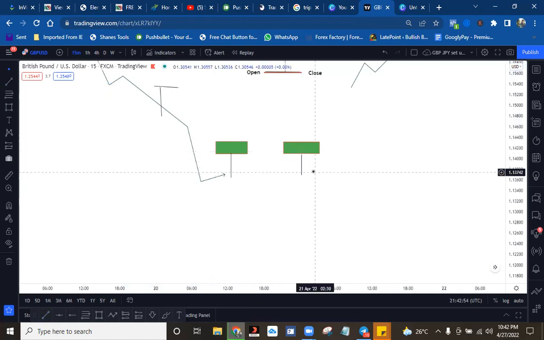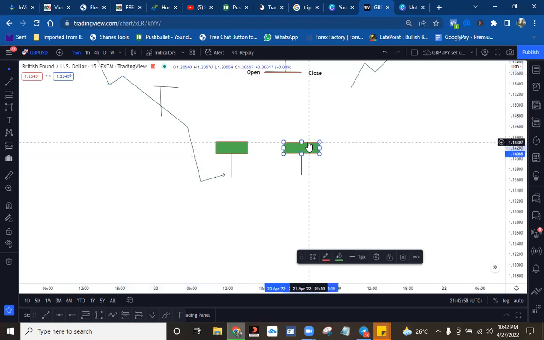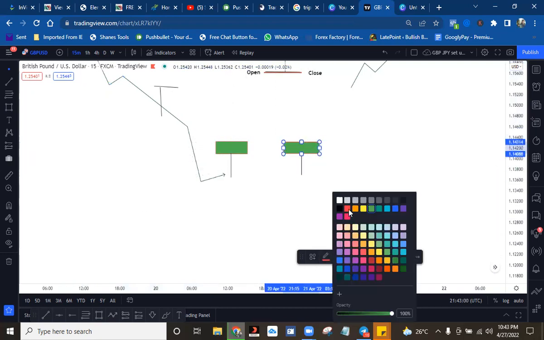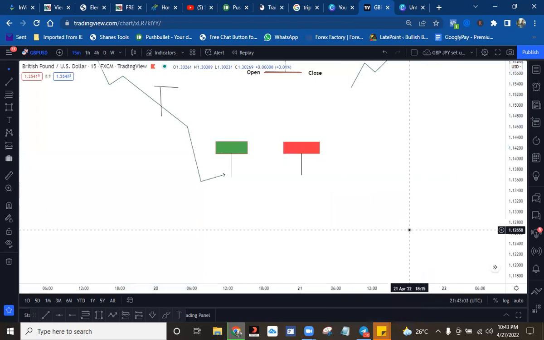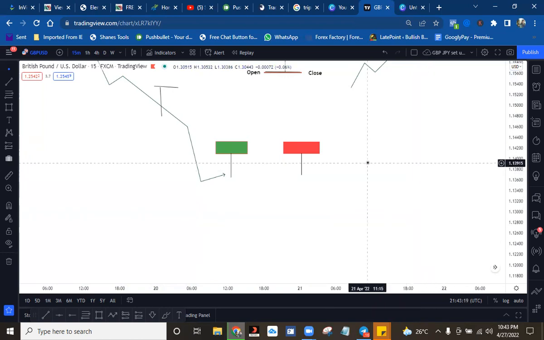The difference is their colors. Now, the bearish signal for a hanging man is effective at the end of an uptrend.